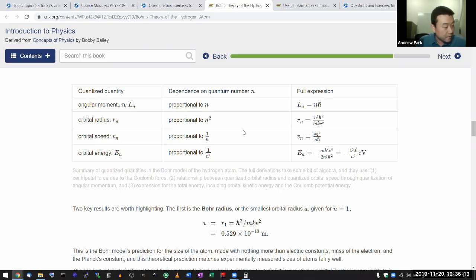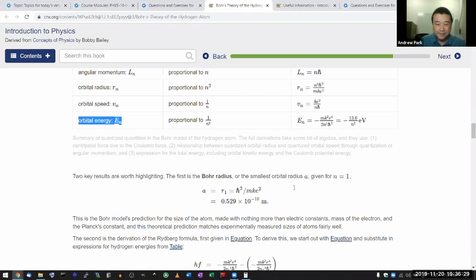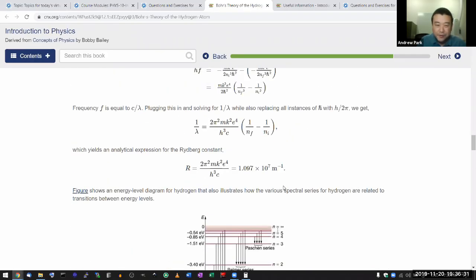The formula that you need is this one. Sorry, I should have highlighted this better. It's the orbital energy, which is easier for you to figure out. Yeah, I need to reorganize this.